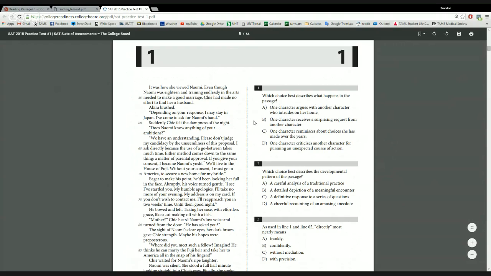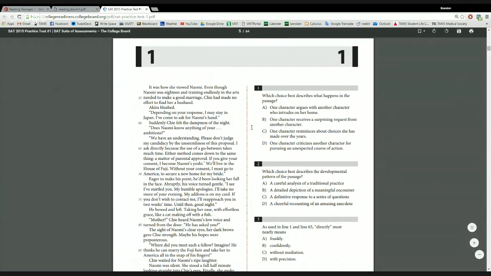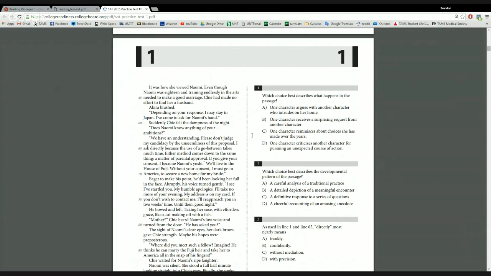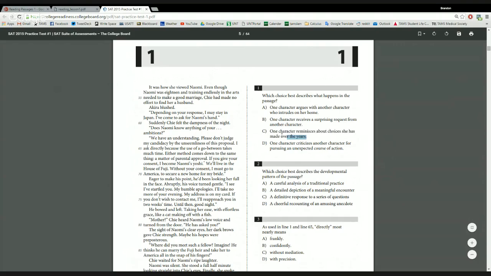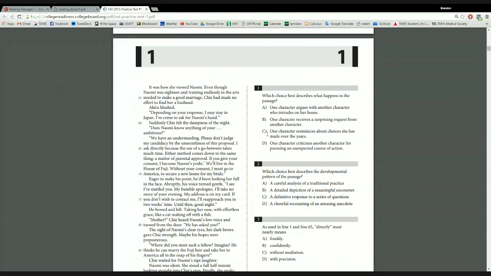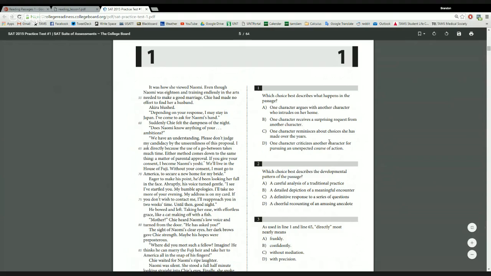This is incorrect because the passage is more focused on the idea of Akira and Naomi's present life and their possible future. This may happen, but it did not contain the main idea within it. D. One character criticizes another character. The word criticize is a little harsh, and that's not exactly what happens during the passage. So the answer is B. One character receives a surprising request from another character.